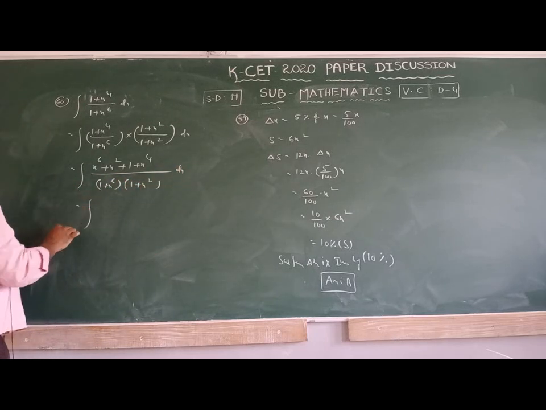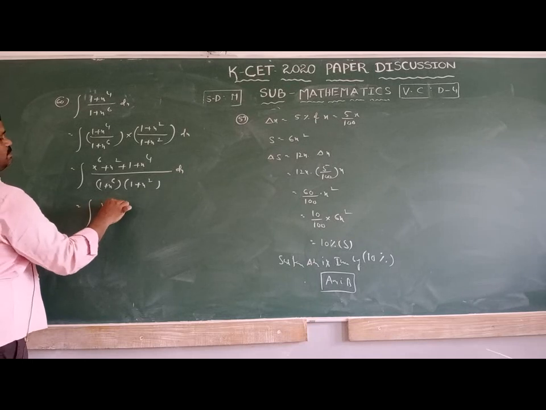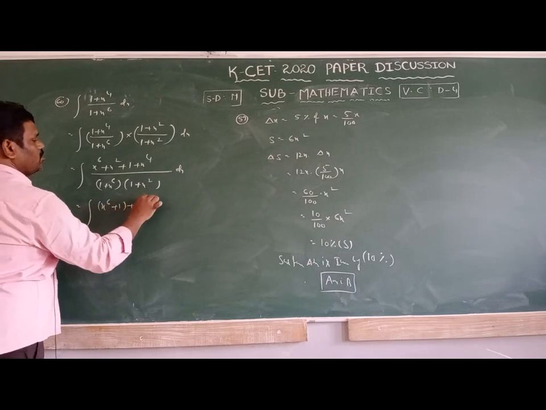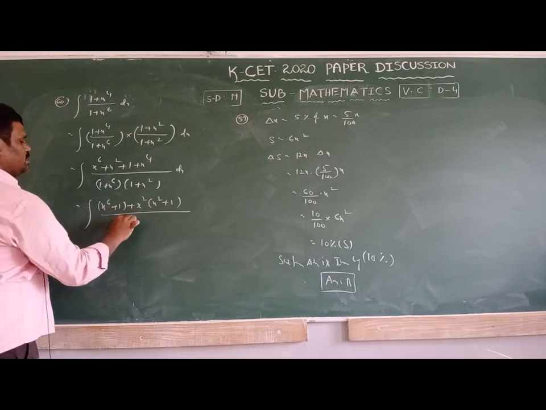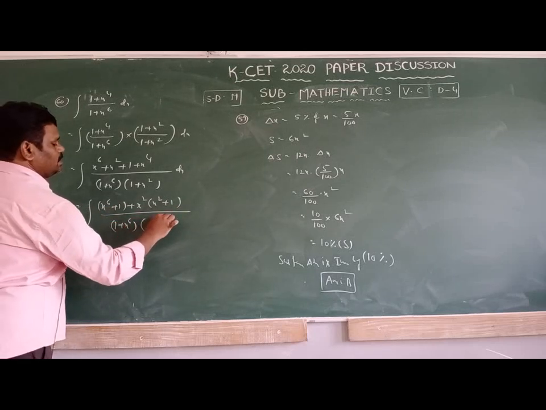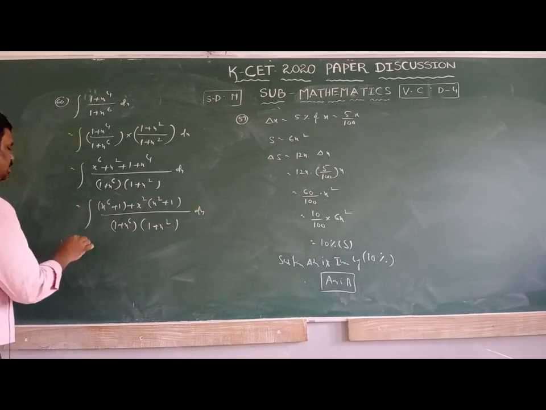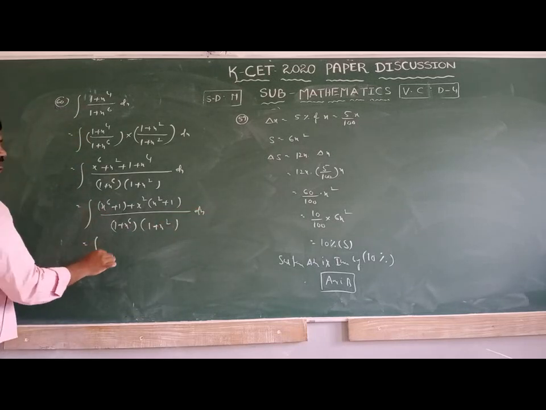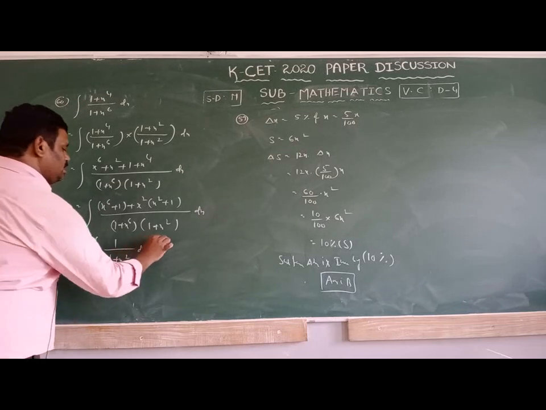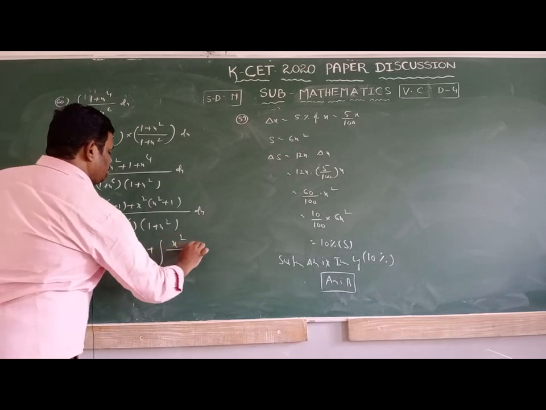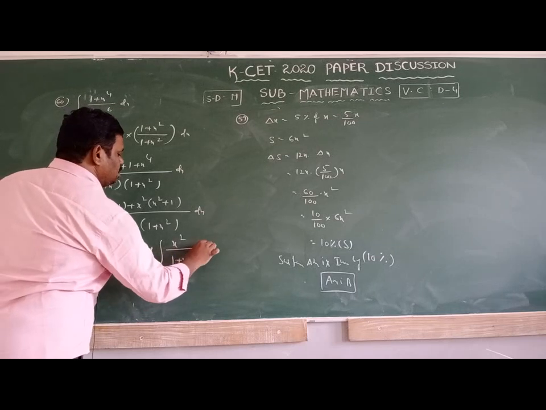Now taking x square common from x power 6 plus 1 terms, we get x square plus 1 by 1 plus x power 6 into 1 plus x square dx. Now we separate the terms: the 1 plus x square cancels, giving integral of 1 by 1 plus x square dx plus integral of x square by 1 plus x power 6 dx.